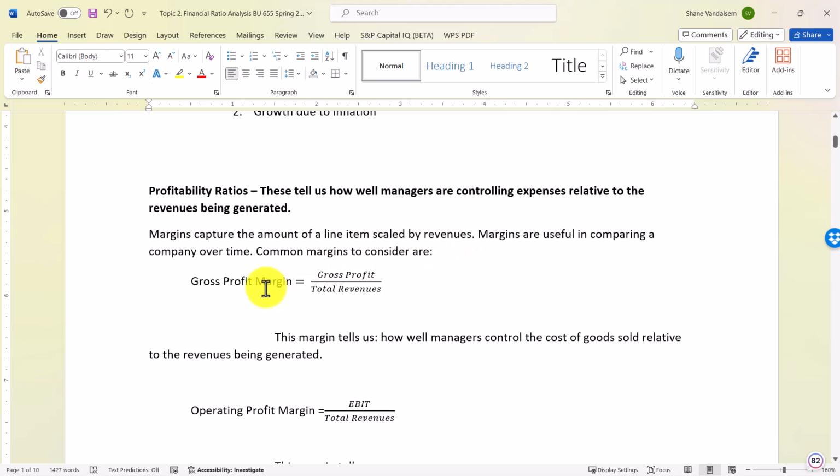And what we want to usually see is that this gross profit margin is increasing over time. In other words, they're controlling or reducing the cost of goods sold for every dollar of unit they're selling. So usually increasing and higher is better. And you'll hear me say that a lot, usually, because there are cases in which that's not a good thing.